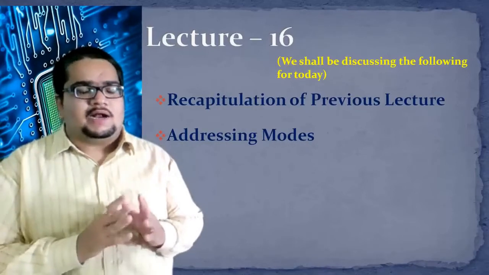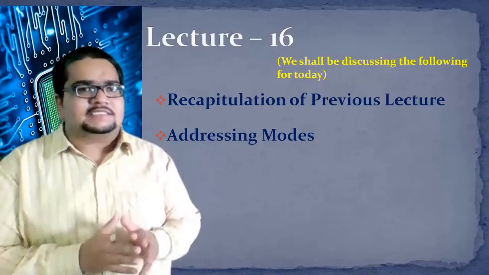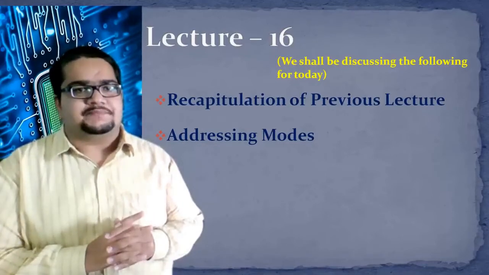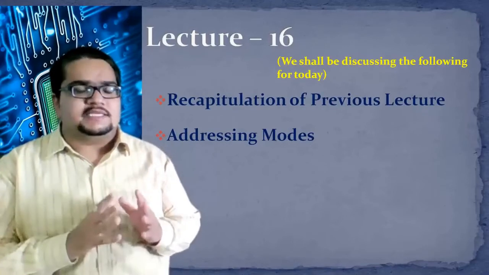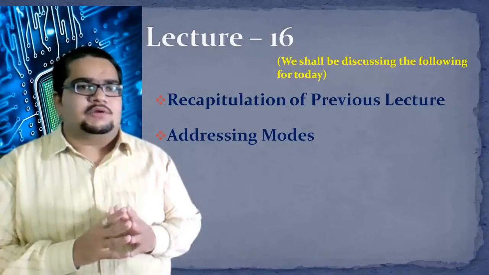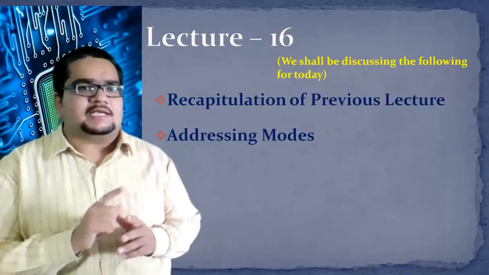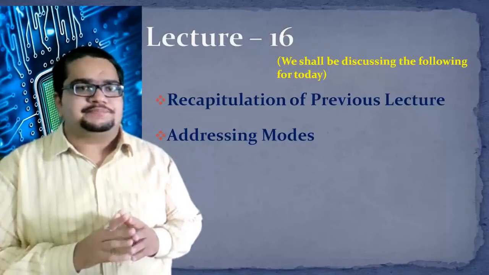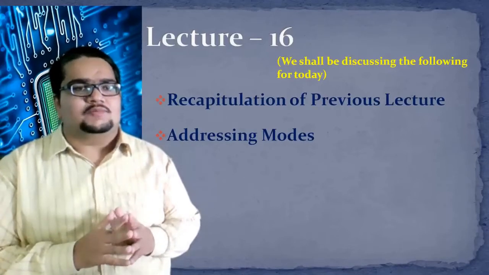Earlier I told you about the immediate addressing mode, where the data itself is available in the instruction. In the direct addressing mode, the location of the data is given in the instruction, such that the data can be directly accessed from that location. One more addressing mode is the indirect addressing mode.